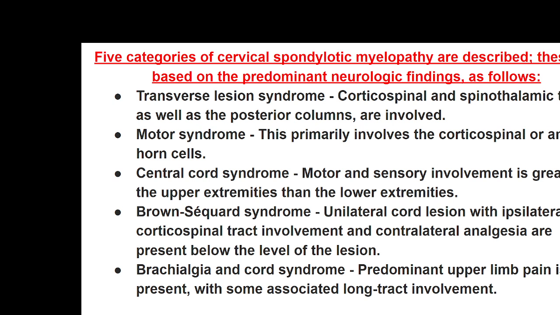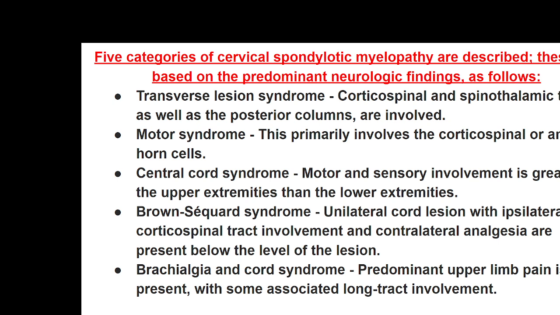Motor syndrome is when only the corticospinal tracts and the anterior horn cells are involved, where the patient may have normal or mildly impaired sensation, but significant motor pathology. And when the sensory functions are present and motor functions are lost, there will be increased reflex activity. Whereas in a transverse lesion syndrome, because the sensory functions also are affected, though it is an upper motor neuron lesion, the reflexes will be absent.